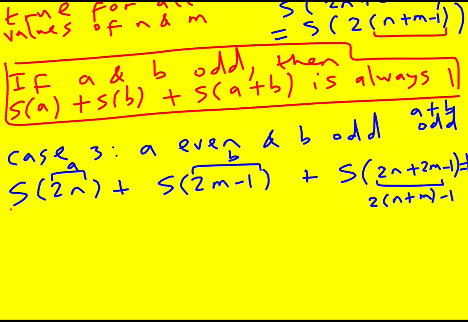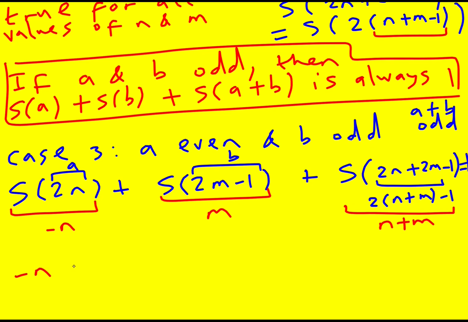Right, then here, I'm going to get minus n, like before. Here, I'm going to get m. And here, I'm actually going to get n plus m. So minus n plus m plus n plus m is equal to 1.